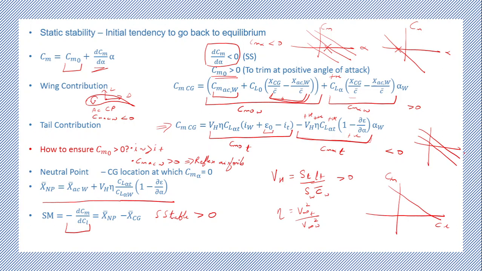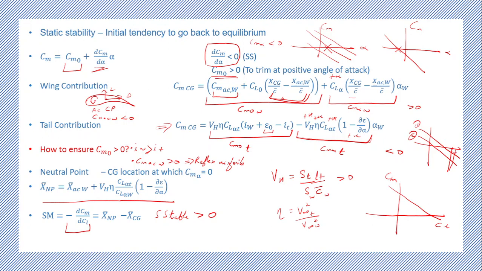Okay. So now suppose we were flying at, suppose this was 5 degrees. So the first condition, this is 1 and this is 2. And then you experience a gust and it moves to 5.1 degrees. Because of this change, it produces a Cm that restores the angle of attack.